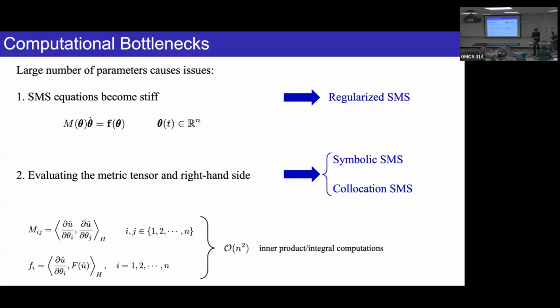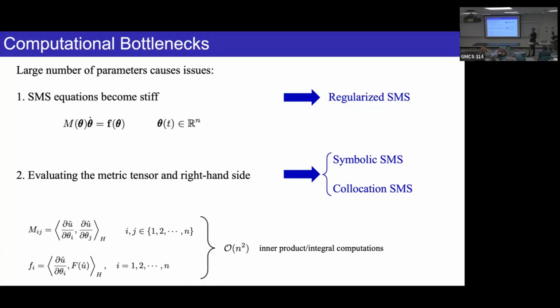One is that the SMS equations, the equations that tell you the evolution of the parameters of the model, can be very stiff. In this case, I've dropped the terms involving the Lagrange multipliers that enforce the conserved quantities. It's not the main focus here. Those are well-behaved and nice. But nonetheless, in the SMS equation, it turns out that the metric tensor, this M, although it's symmetric positive definite, is usually very ill-conditioned. As a result, these ODEs are very stiff to solve.